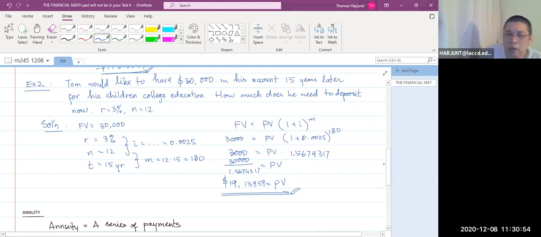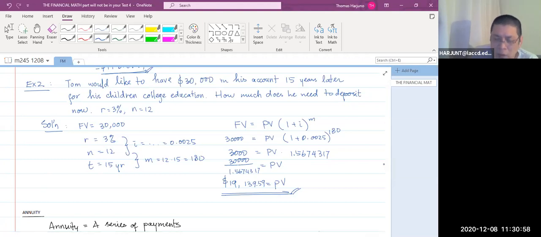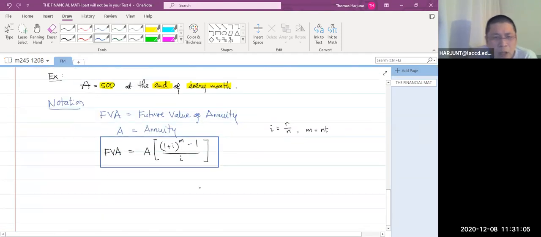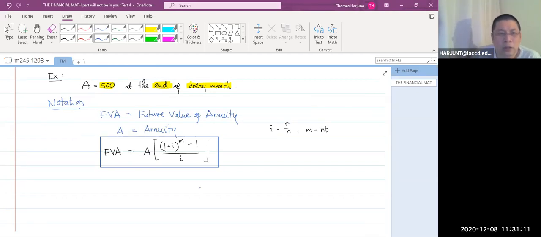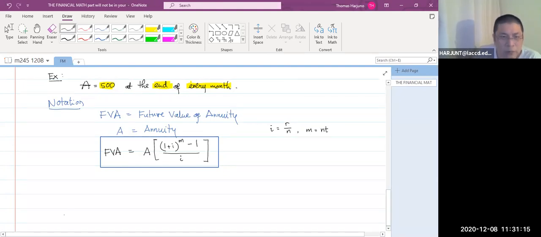But I don't mind to set aside $500 per month for my children's education, for example. So let's see what happens if instead of sinking in $19,000 and forgetting it for 15 years, how about depositing $500 into that account for, let's say, 15 years, for example.